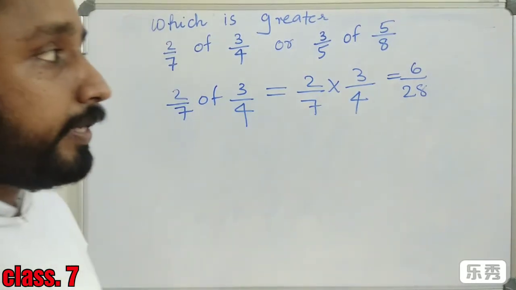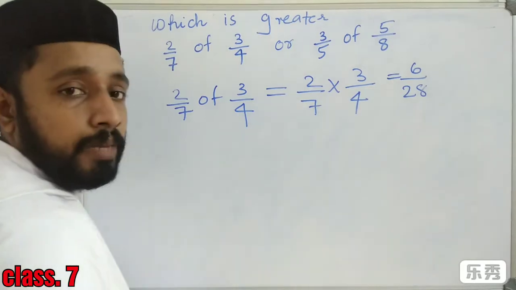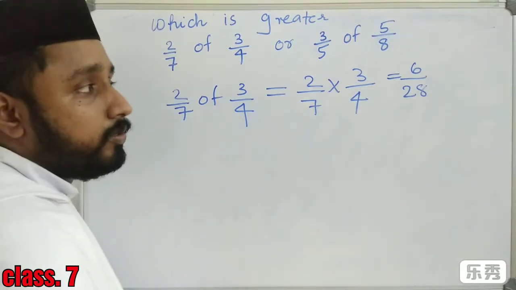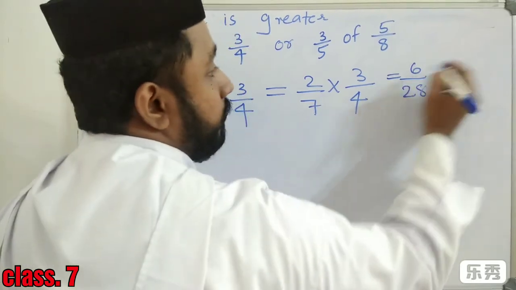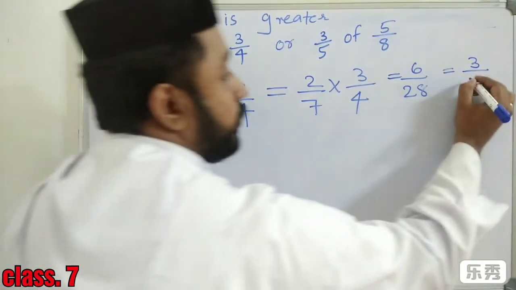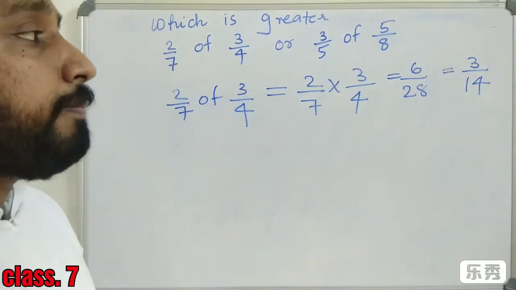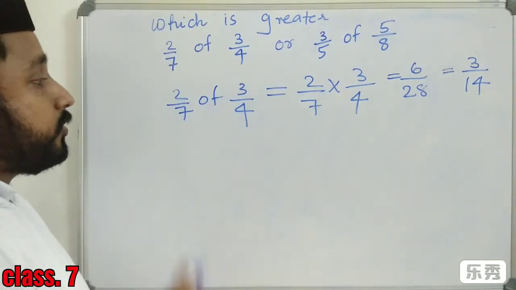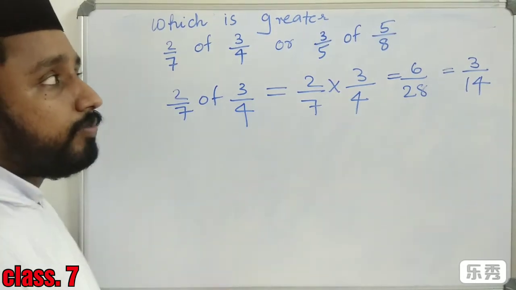So 6 by 28. 6 is a multiple of 2, 28 is also a multiple of 2, so we can cut with the 2, both numerator and denominator. We get 3 by 14. So 2 by 7 of 3 by 4 is equal to 3 by 14.